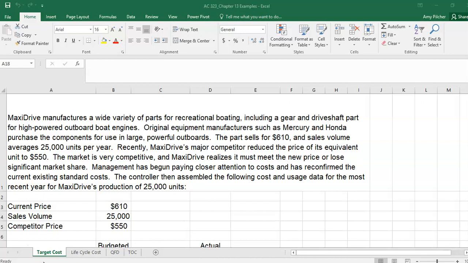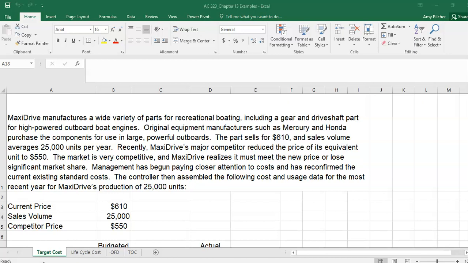target cost. So in this first example, we have equipment that we make and we sell a part for $610 and our sales volume averages 25,000 units per year. Recently, our major competitor reduced the price of its equivalent unit to $550.